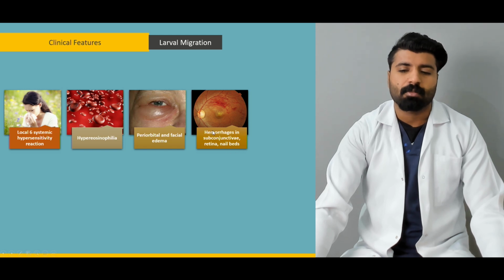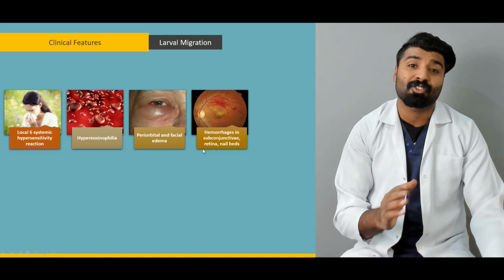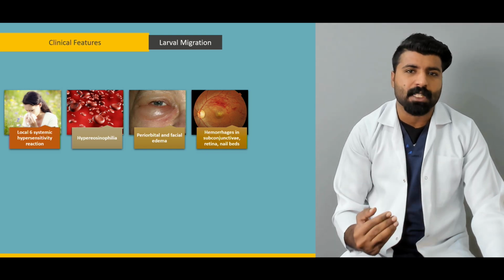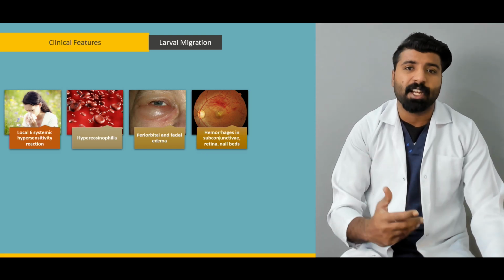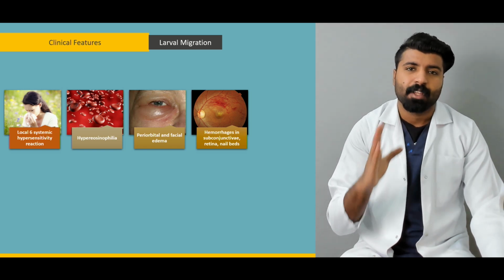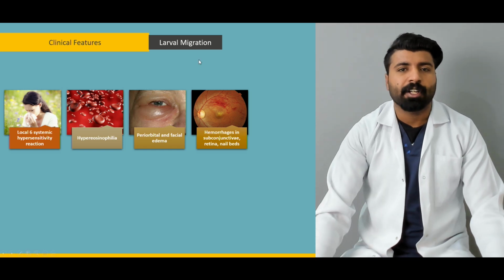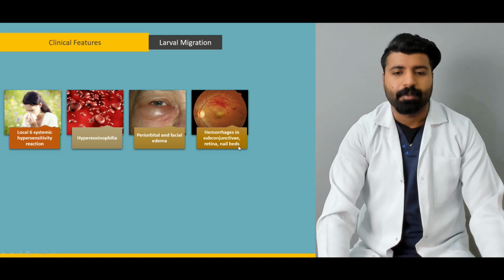Nail beds are not obviously connected with the eyes, but in the eyes it causes hemorrhages in the subconjunctiva and retina. These are the two basic structures that get affected by this pathogen in your eye. Further on, it can go into your nail bed and infest itself there.